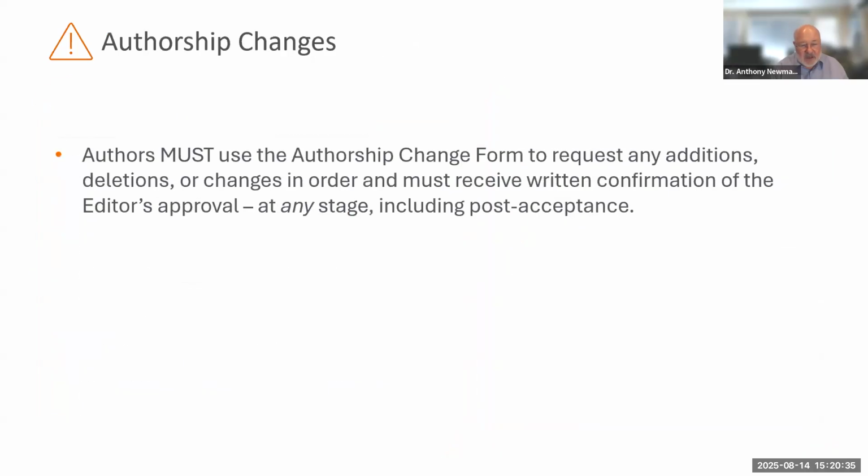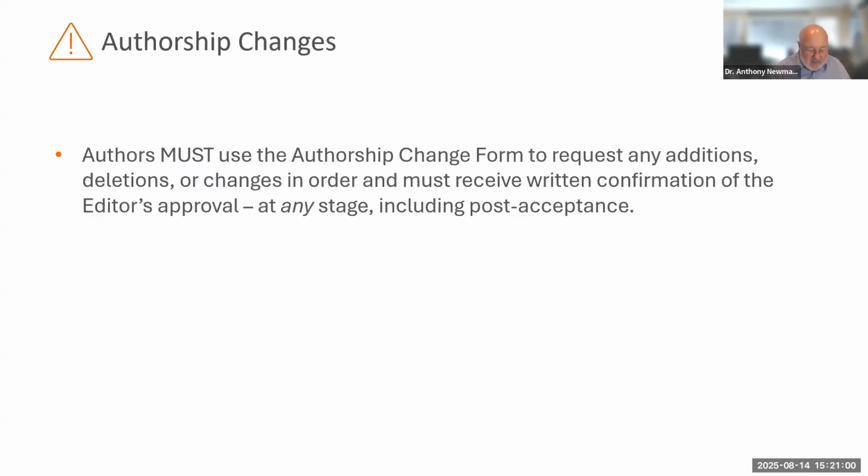So if there are author changes, and if you're a lead author and some other author says, hey, we need to add this person, why? You've got to ask why. It might be something simple like, yeah, well, he did actually do the extra experiment that the reviewers asked for. Oh, yeah, right, that makes sense, yes. Then you've actually got to make these various changes yourself and then make sure it's also approved by the editor.